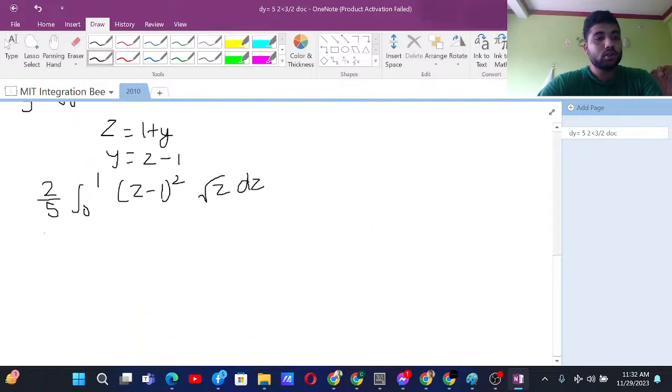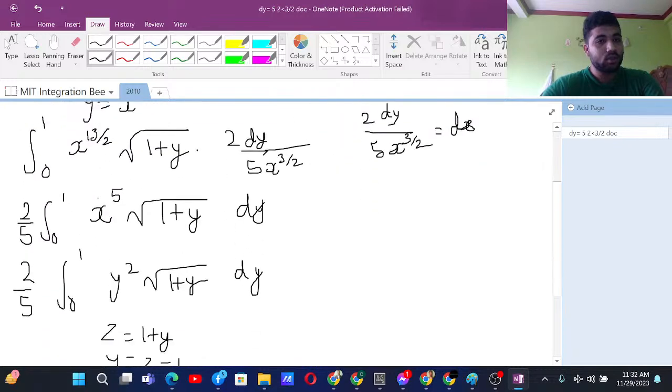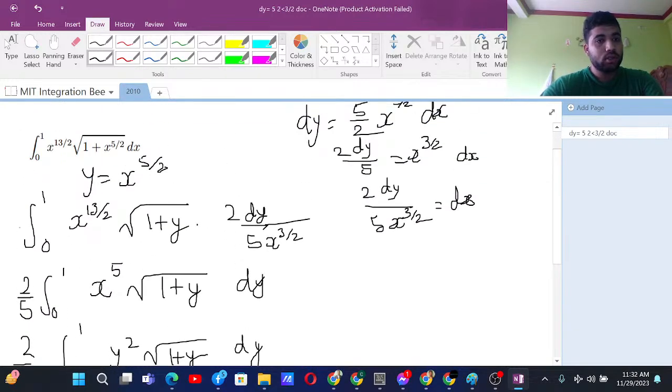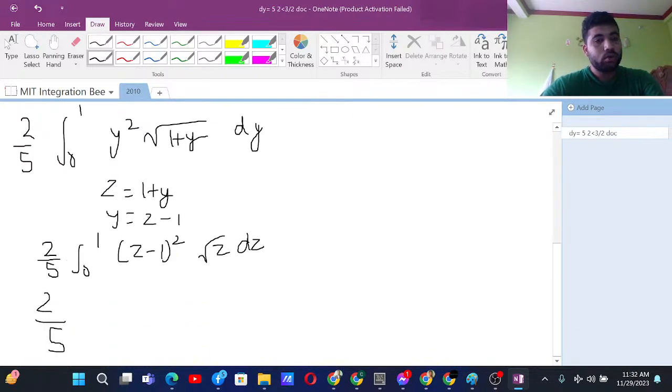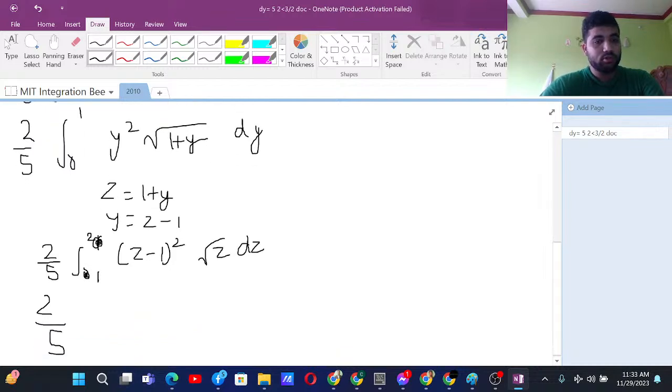After this we will have 2 by 5. Oh, okay, and I don't think I changed the limits. So when we did this, it will be 0 to 1, and when we have z equals 1 plus y, this will be from 1 to 2. Yeah, 1 to 2. Okay. Since z equals 1 plus y.